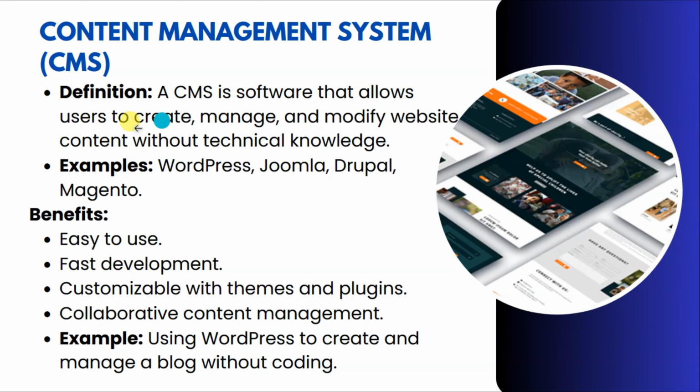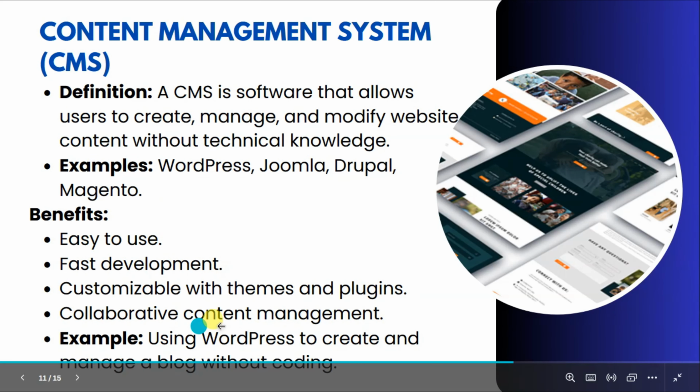Okay, and the examples of these content management systems are WordPress, Joomla, Drupal, Magento, and all the rest of them. There are thousands of them. The benefits are ease of use, fast development, customizable with themes and plugins, and collaborative content management, and it is very, very easy.